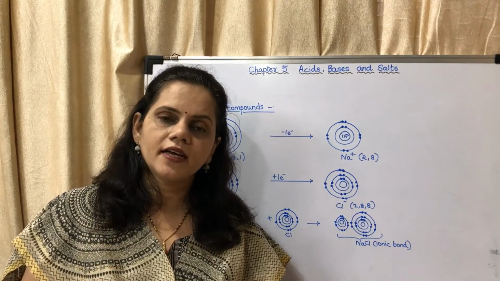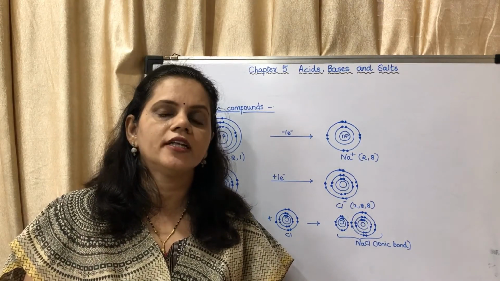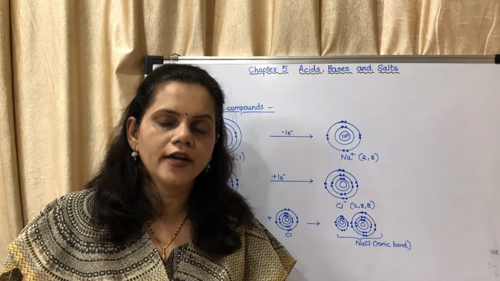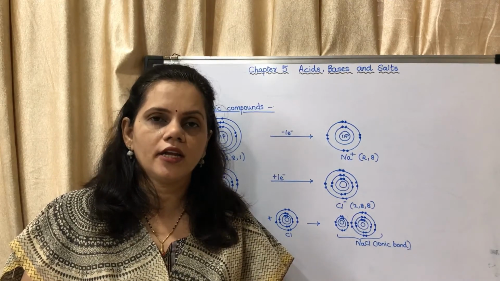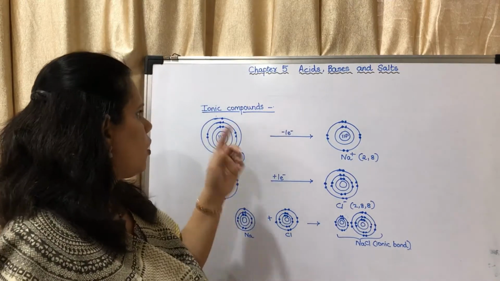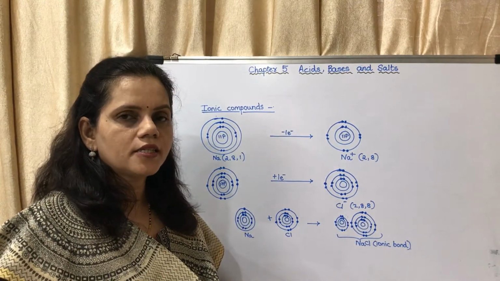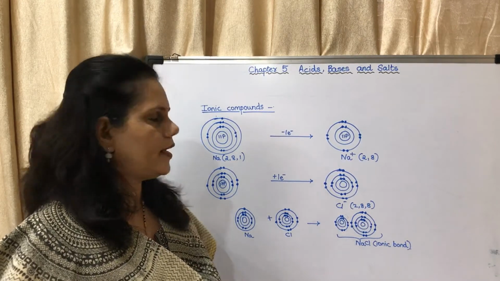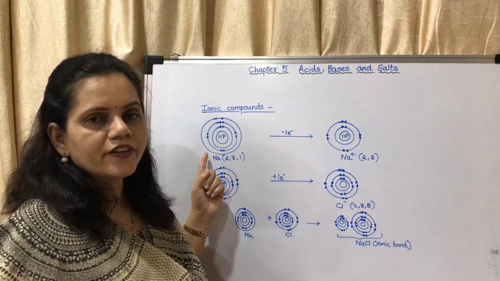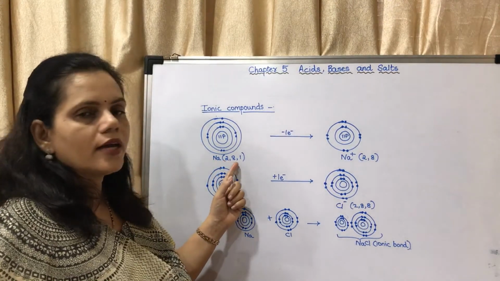A positive ion and a negative ion come together to form an ionic bond, to form an ionic compound. Here they have given an example of sodium chloride. Sodium chloride consists of sodium and chlorine. This is the electronic configuration of sodium, 2, 8, 1.